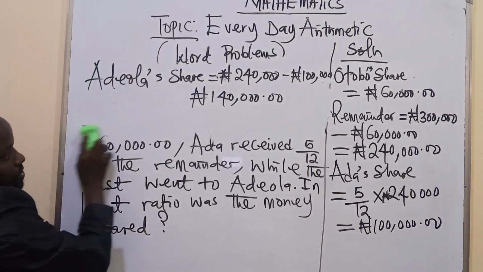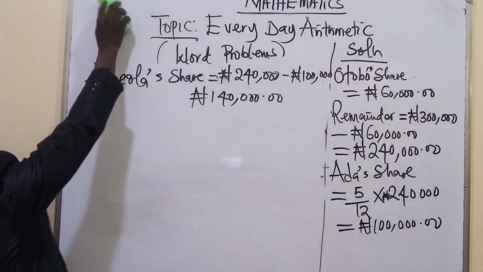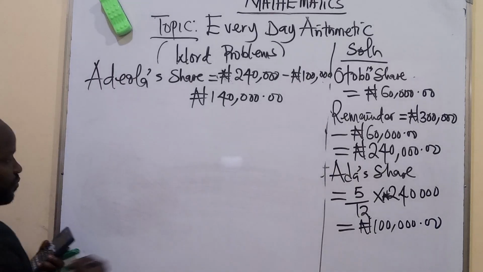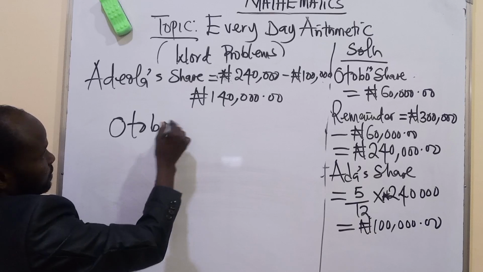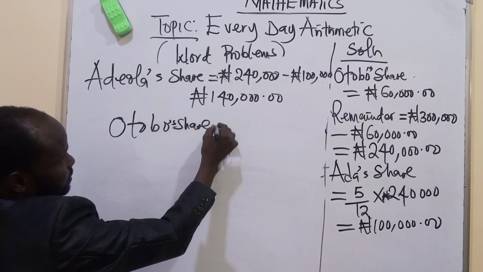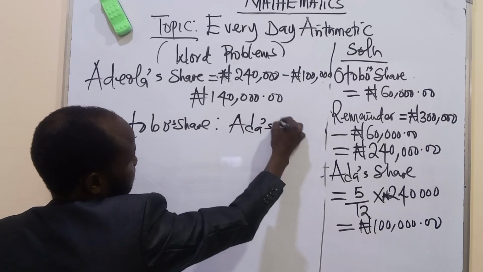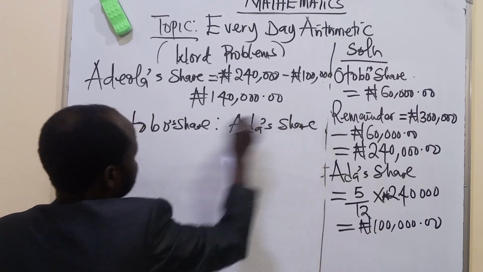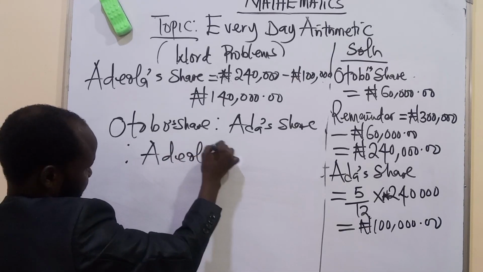What ratio? So let's look at their respective ratio now. And the first person, what are we looking for? We're looking for Otubo's share. Otubo's share is to the next person, Ada's share, is to Adiola's share.